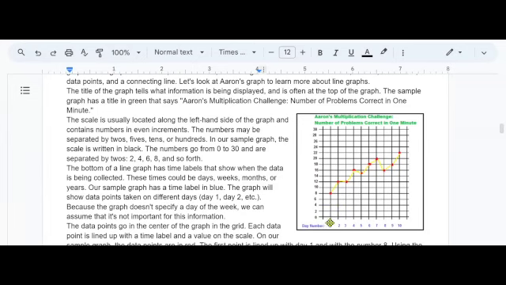And then you look at the values. For example, 1, how many times repeated? 8 times. 2, how many times repeated? 12 times. And so on. And then you connect the dots together, and you get a line graph. That's called a line graph.